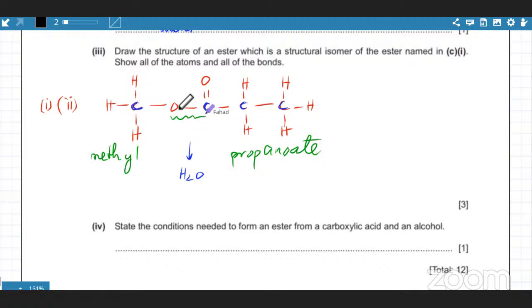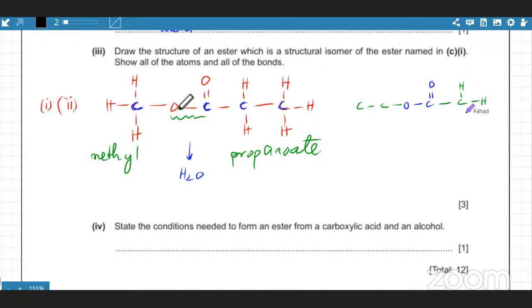An isomer could be that around the ester link, let's say this is my ester link, in total I had 4 carbon atoms. And what I'm going to do is have 2 carbon atoms on this side and 2 carbon atoms on the other side. And I'm going to add in the hydrogens.